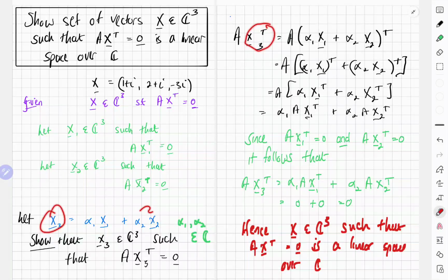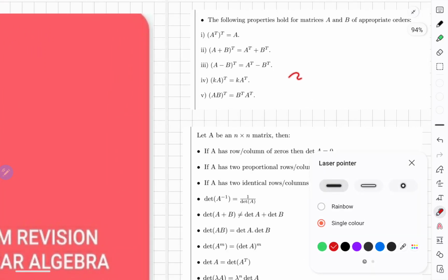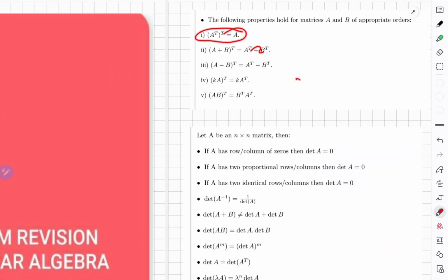If x3 is a linear combination of x1 and x2, x3 transpose will be the linear combination of x1 transpose and x2 transpose. Now, what I also want you to remember, what's very important from first year, please study your properties, especially for linear spaces for the exams. So the one that we're going to use in particular now is the transpose of the sum of two matrices.